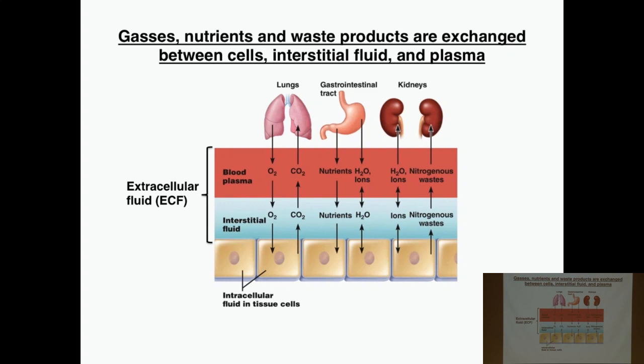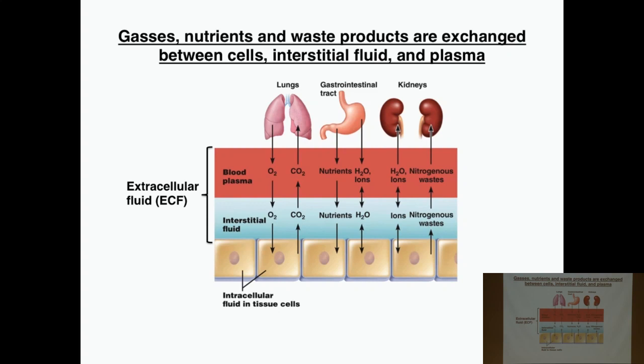Cells take in nutrients from our environment, and then they release waste products, which travel through various extracellular fluids to different organs, and then out into the environment. We'll dig more into the actual processes by which those nutrients and gases are absorbed and those waste products are released throughout the semester.